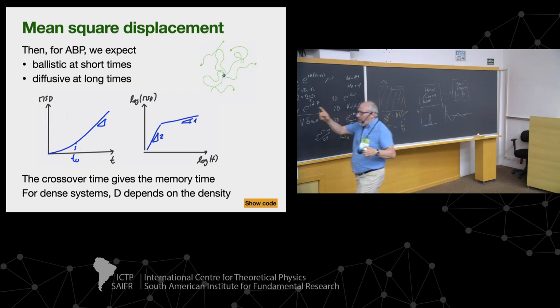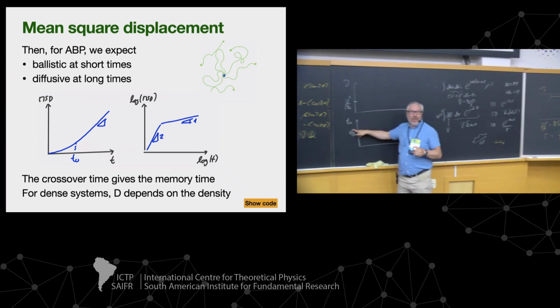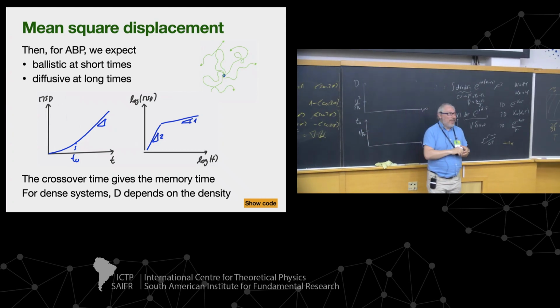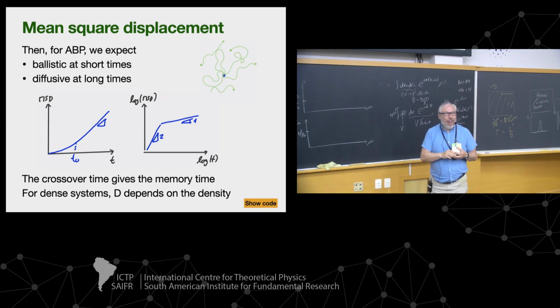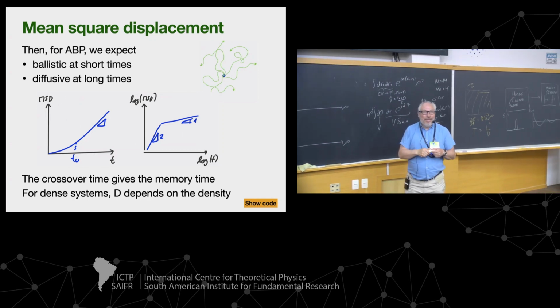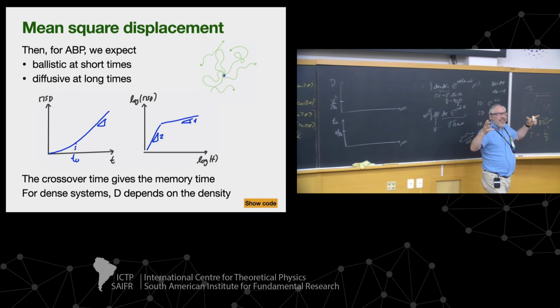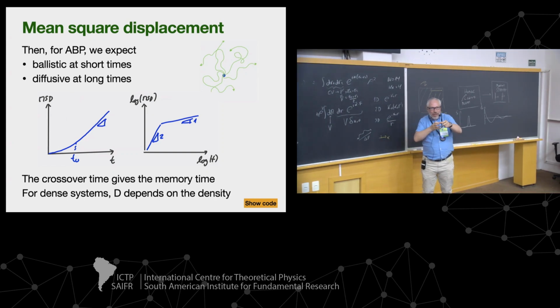What happens with the diffusion coefficient and the T naught? Decrease? When you have higher density, particles cannot move freely because they're colliding with others.